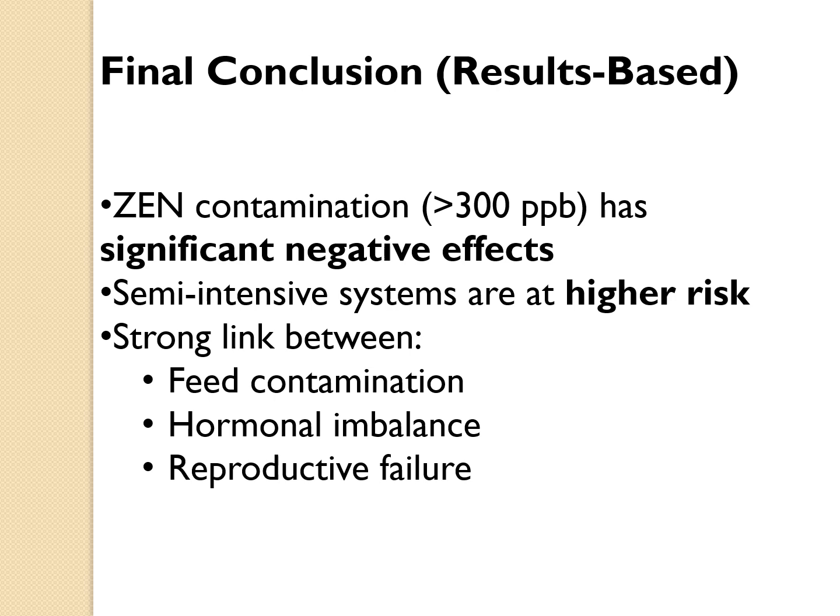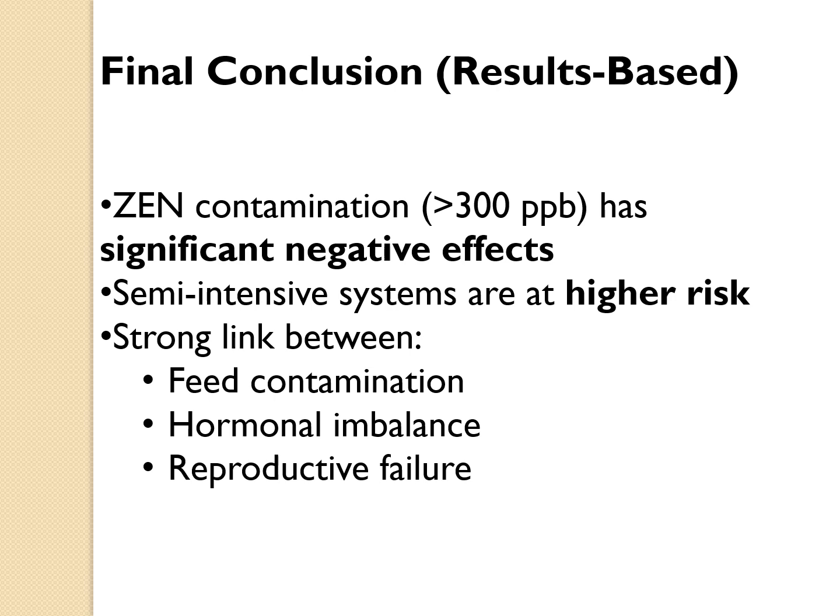So the final conclusion: zearalenone contamination that is more than 300 parts per billion has significant negative effects. Semi-intensive systems are at high risk because they are not using any toxin binders in the feed that they give to the cattle, and so they have a negative effect on the cattle reproductive system.